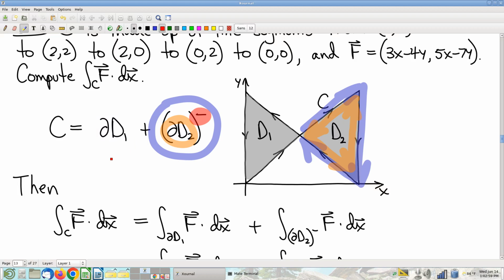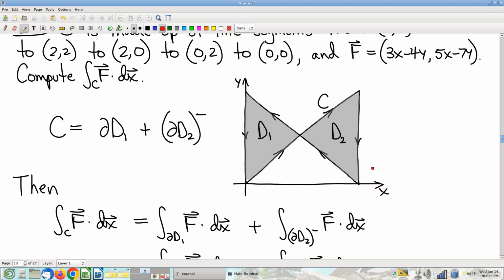So what I've got circled in dark blue here is what I've got highlighted over here in dark blue. These are the pieces of the C curve. And I'm just saying that those 3 pieces of C curve are the opposite orientation of what I have in orange, which is literally the boundary. Okay.